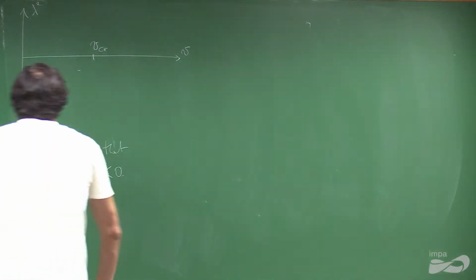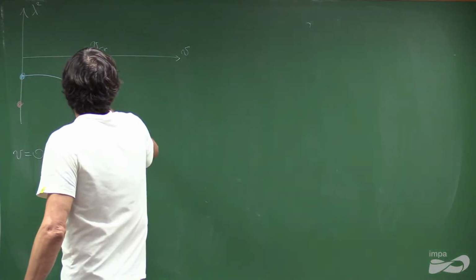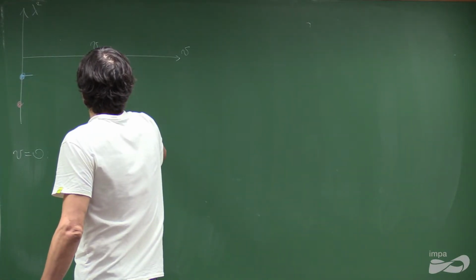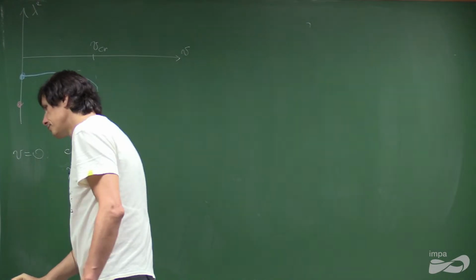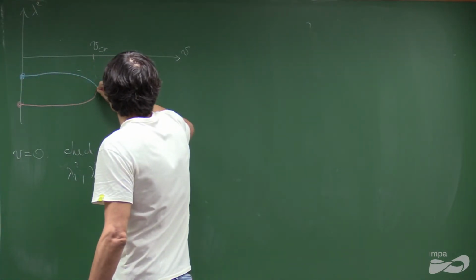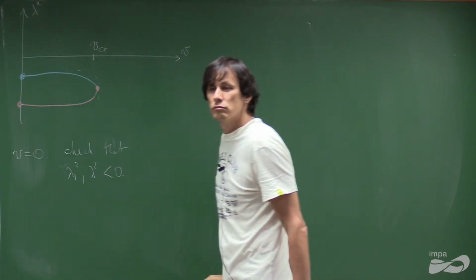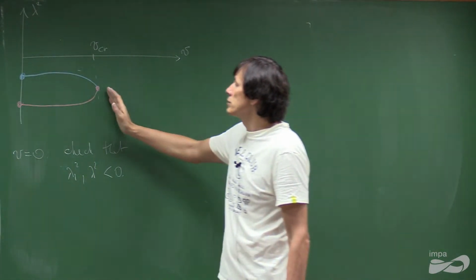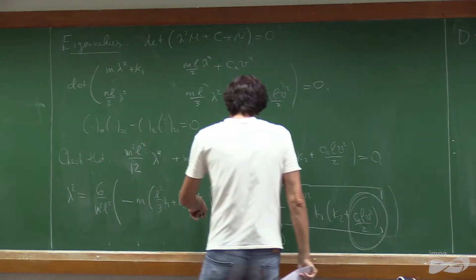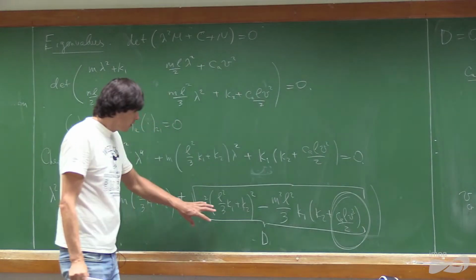So the two eigenvalues, they just merge. And when you increase further on, the plus minus term, discriminant becomes negative.